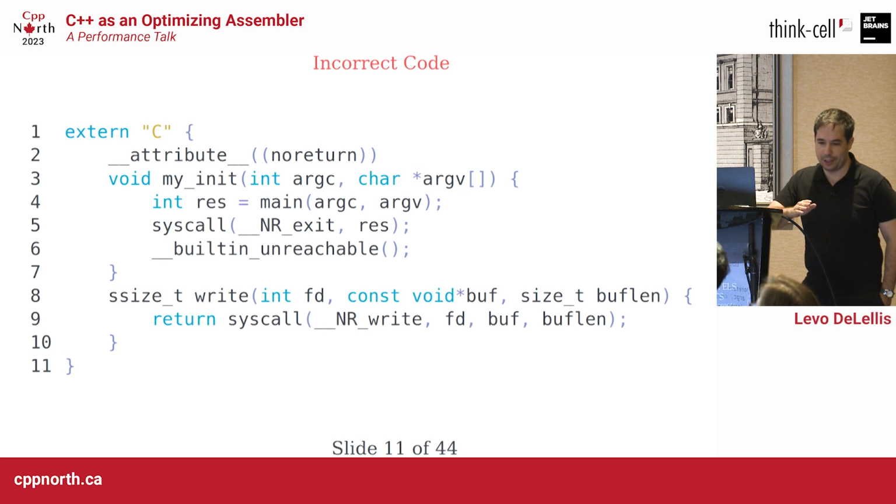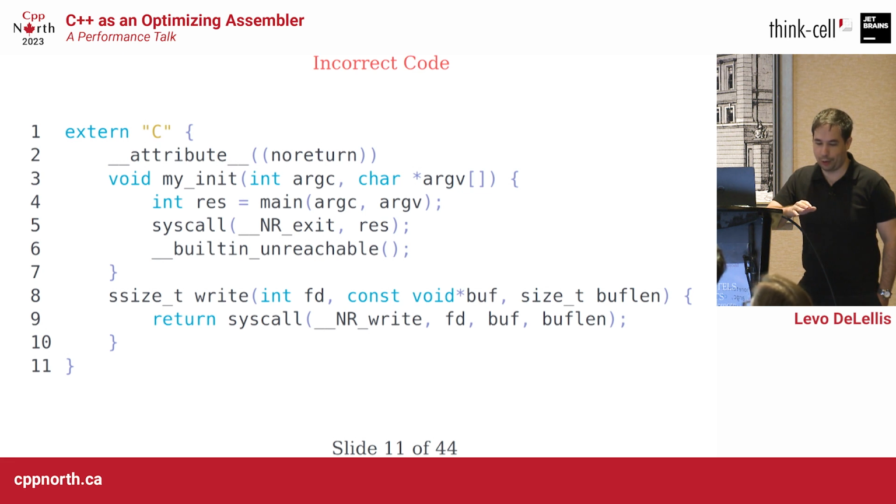Line 2 and 6 is not important. I put 6 in because line 2 causes a warning if you don't have line 6. It's pretty simple. I just call main, get the exit code it returned, and call exit with it. The write is just making that system call that we just implemented.